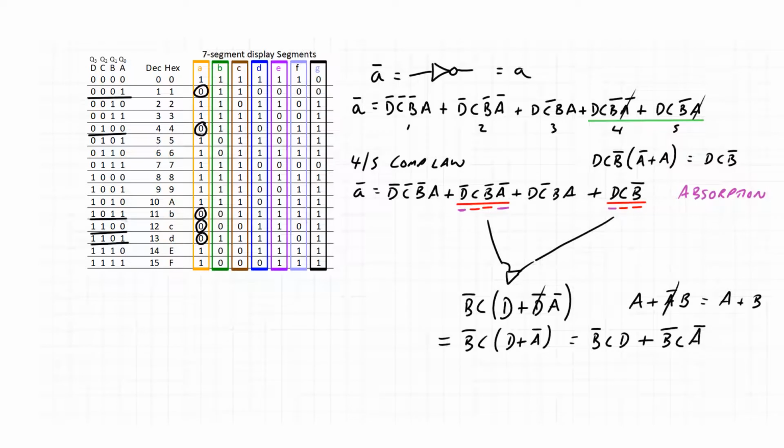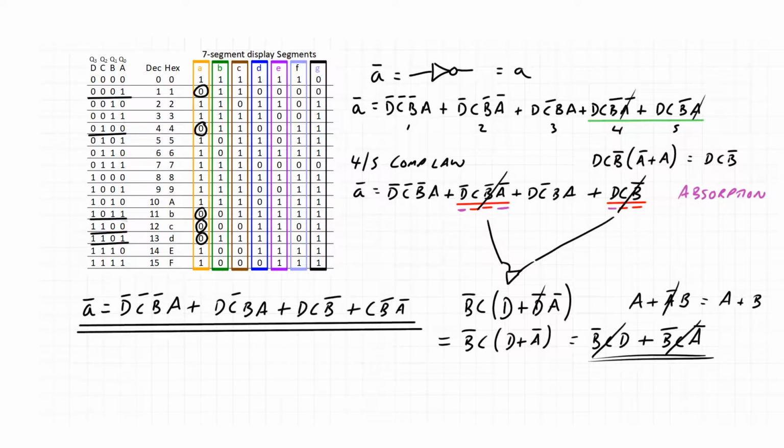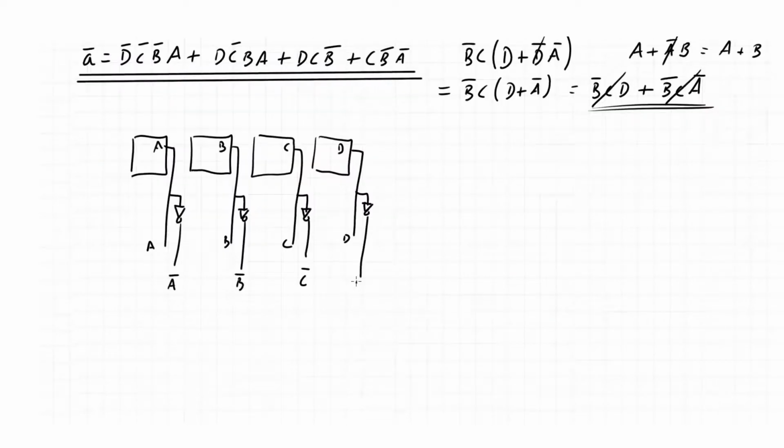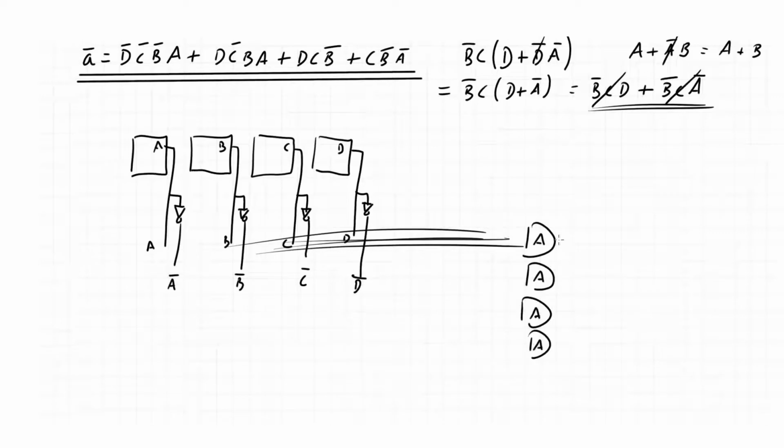So then we regroup and write what we have for the overall expression for not A. The first term, not D not C not B A, or the equivalent of these two that we used the absorption law on. Write those down. D not C B, I'm doing it in alphabetical order usually. So there's the expression for not A, and we're going to tap off from the counter logic like before.